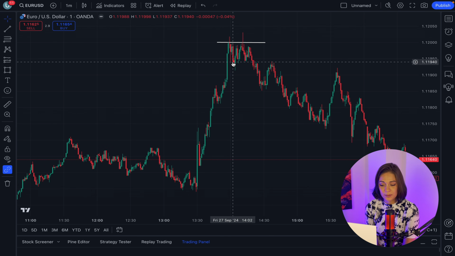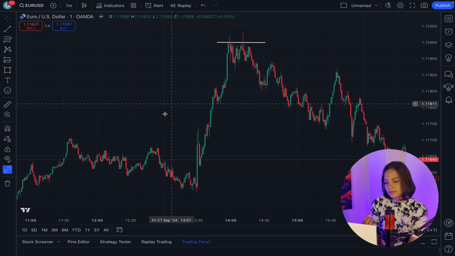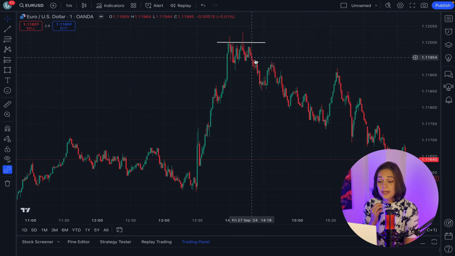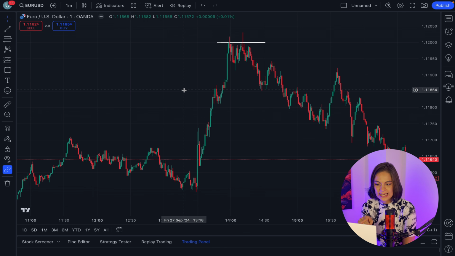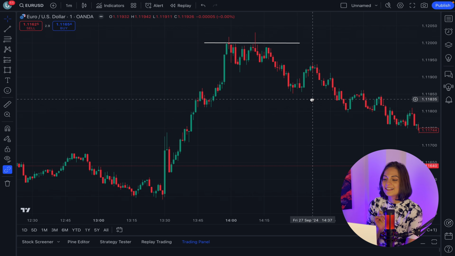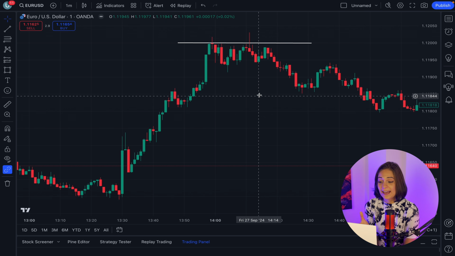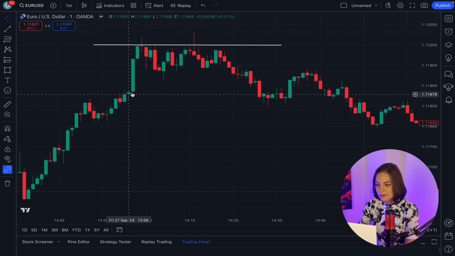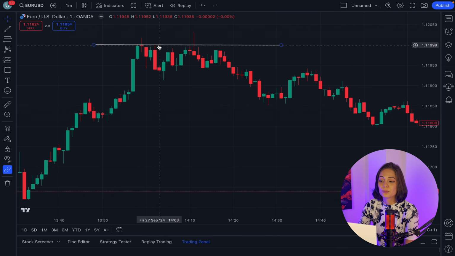Why did this happen? We need to understand that if the price made such a huge jump and then went back down, we have a reason for that. In this case, it's a really interesting reason, and this key level is simply a psychological level. So the price went to this level and then it went down, but look at the price in this moment.